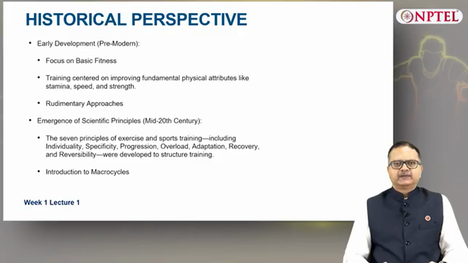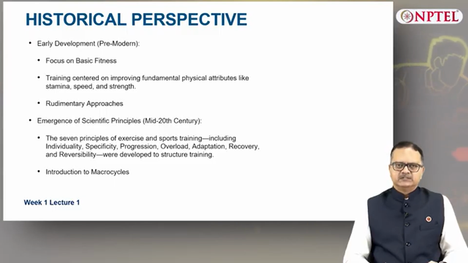When there is load applied to the body, there will be an adaptation in the body. This process is called adaptation. However, if you give load and the body goes into an adaptation state, if you do not give time for recovery, the body will not be able to adapt properly to the training load which has been placed upon it.